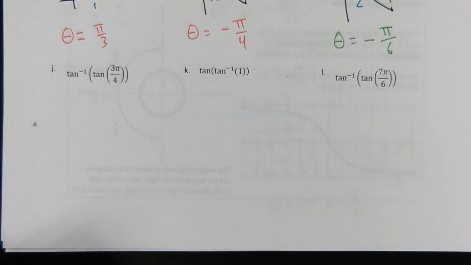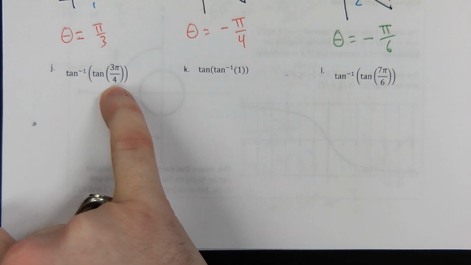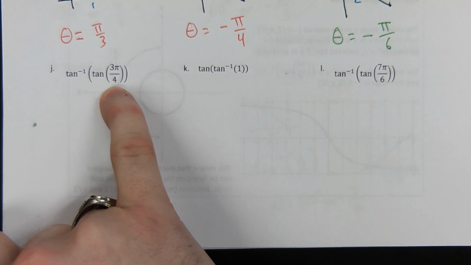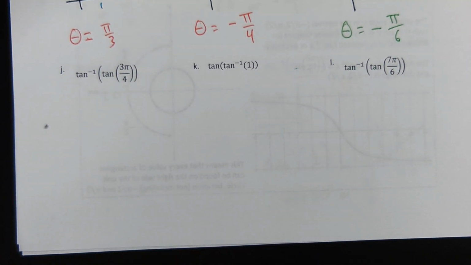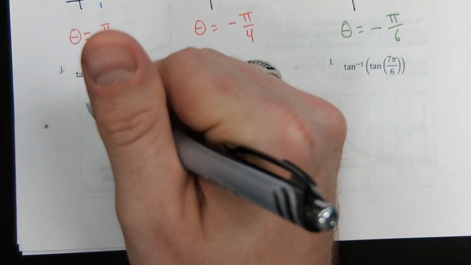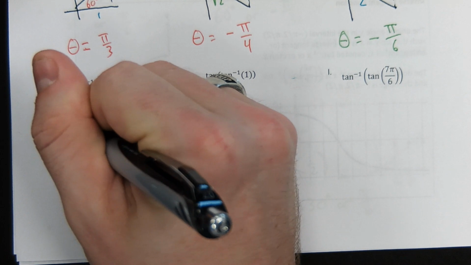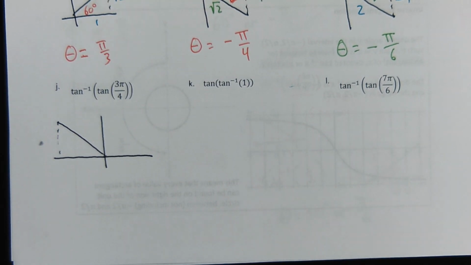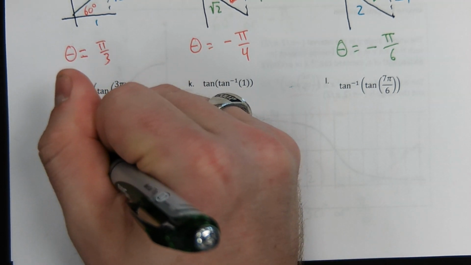Tangent inverse and tangent want to cancel each other. Is this a quadrant that tangent inverse plays in? Nope. Crap. That means they don't strictly cancel each other. Which quadrant is that? Quadrant 2. So we draw quadrant 2, and we'll throw a 3 pi over 4 reference angle on there. In degrees, it's a 45-degree reference angle. But I don't even need to fill out this triangle.